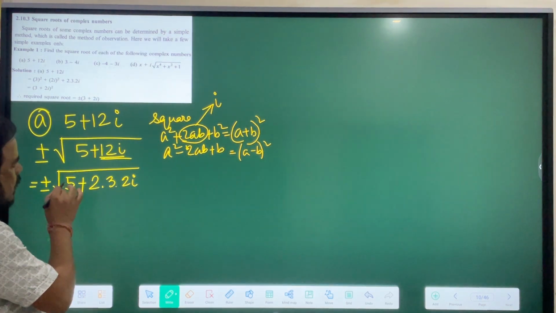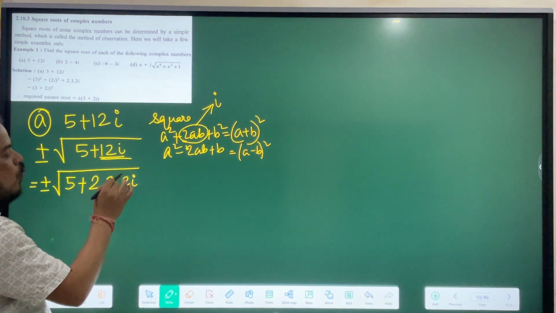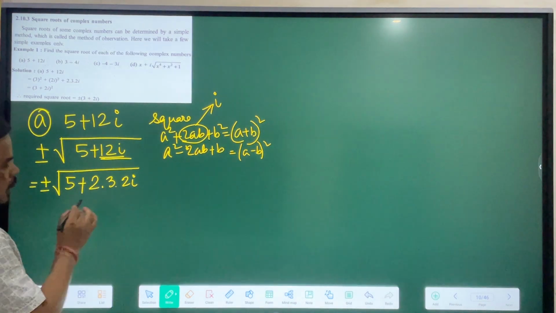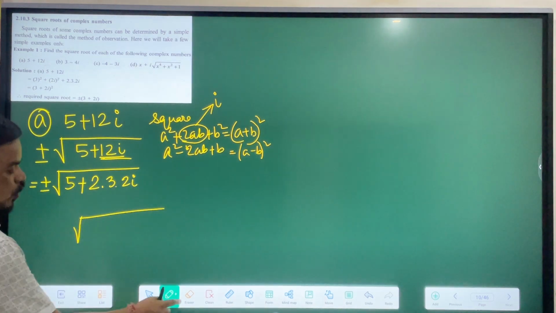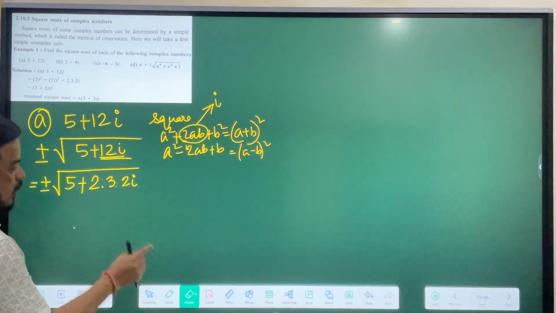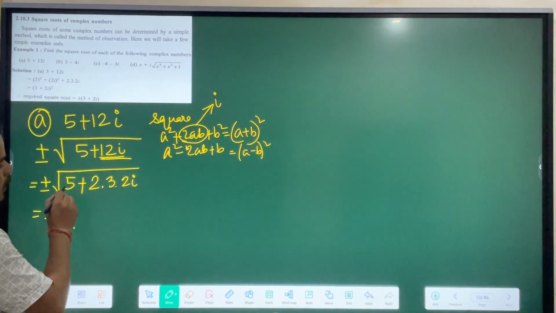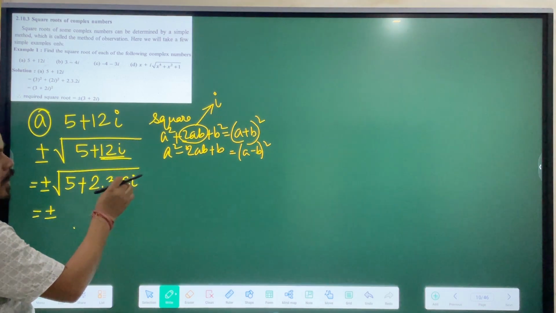Remember that if there is a positive number, 5 is a positive number, then i will be taken with the smaller number. Let us do this. What I have told you, if this number is positive, then i will be taken with the small number, not b, small number.